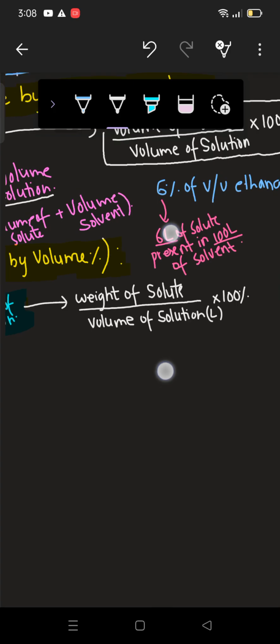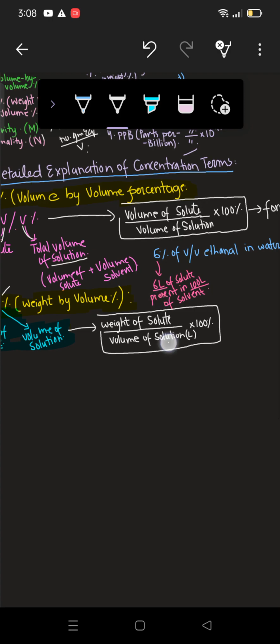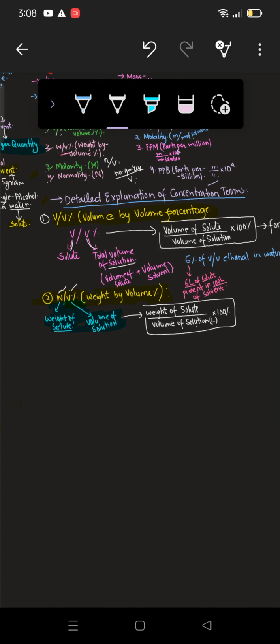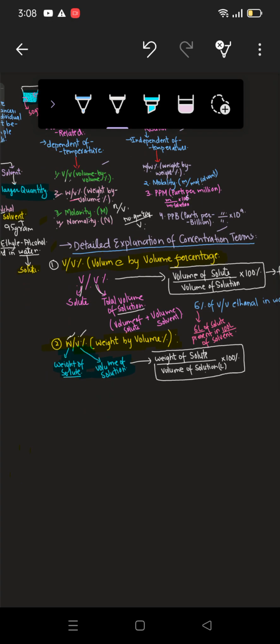So we got our second formula as well, which is of weight by volume. Again you find volume here, that's why this is volume related, and it would of course be affected by temperature.